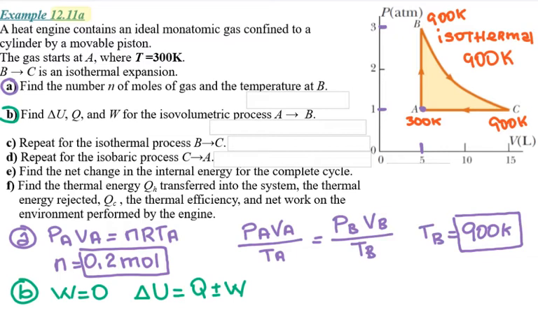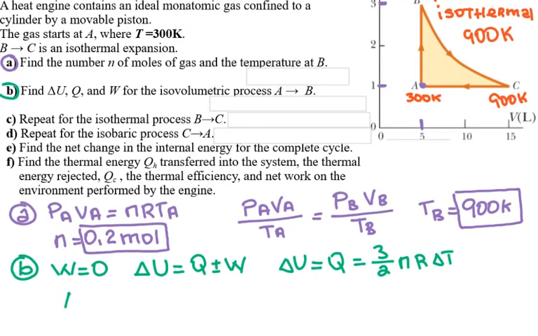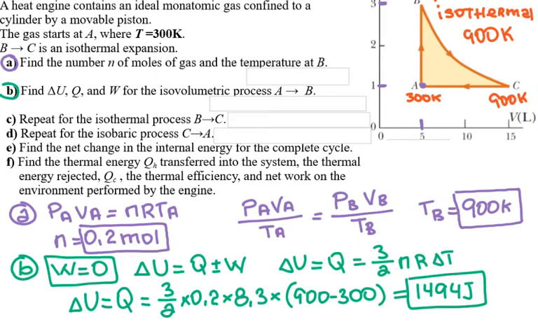And from here, I have that delta U is equal to Q, and that is 3/2 nR delta T. So my delta U and Q are the same numbers, and the work is 0. So here I plug in the numbers, and I found that the internal energy and the heat added to the system are equal to each other and equal to 1494 joules.